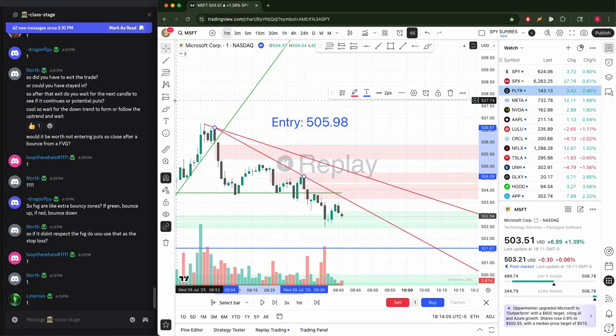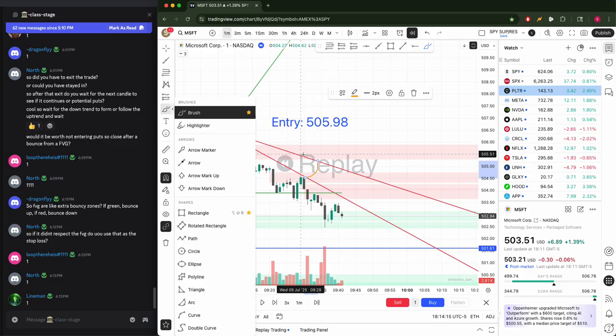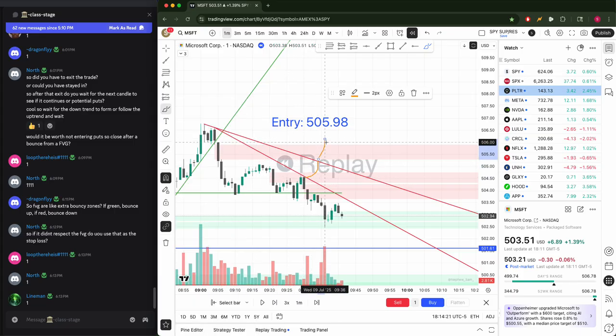Okay, because if you held, say you didn't want to respect this line and price comes up to here, and then you have this fair value gap here, and you think, okay, well, now I'm going to play this fair value gap as my stop loss instead because it worked down here for a little bit, right? And then price ends up going here. Instead of selling even at 504.74, now you're selling at 505.88.